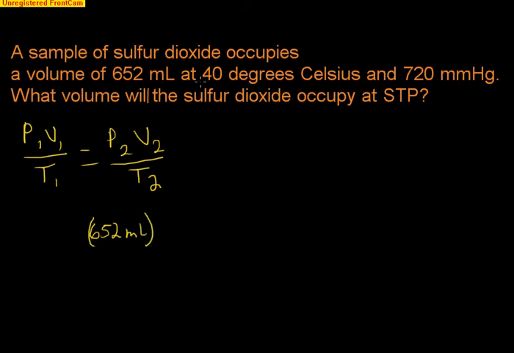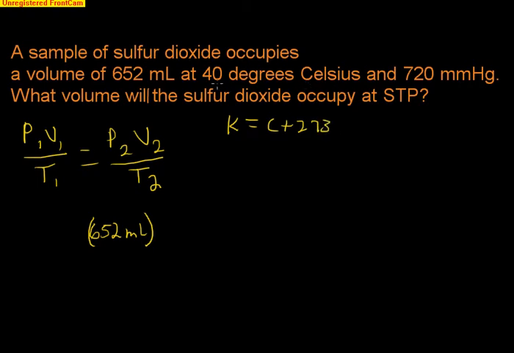If we keep reading, it says at 40 degrees Celsius. This is our initial temperature. But when we're dealing with gases, we cannot use Celsius as a unit. We must convert Celsius to Kelvin. The formula is Kelvin equals C, which is Celsius, plus 273.